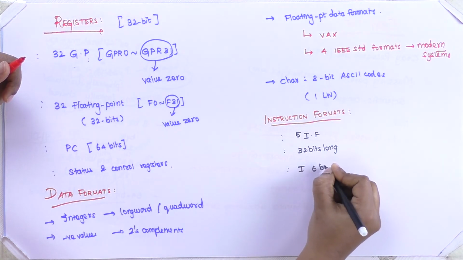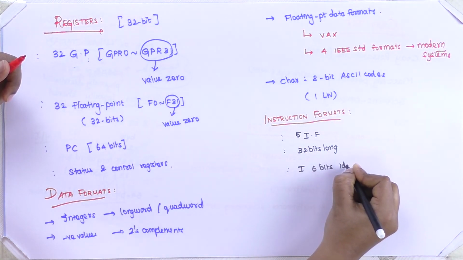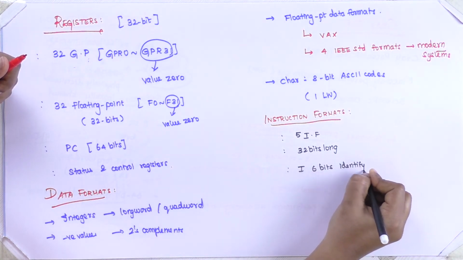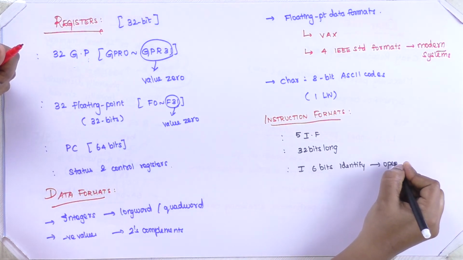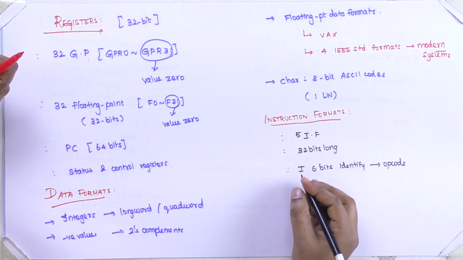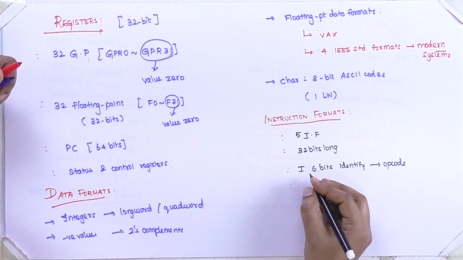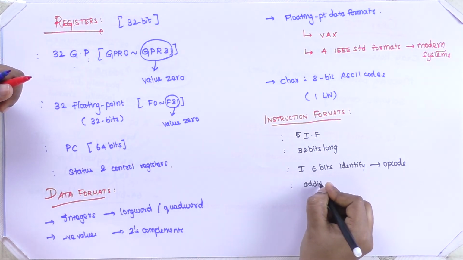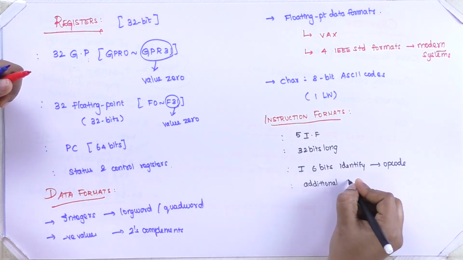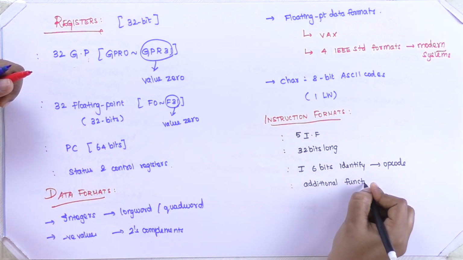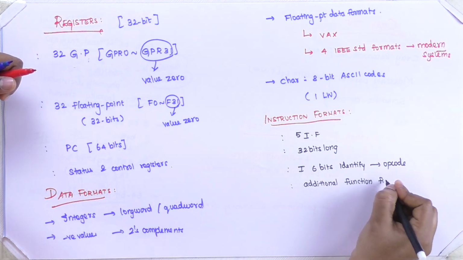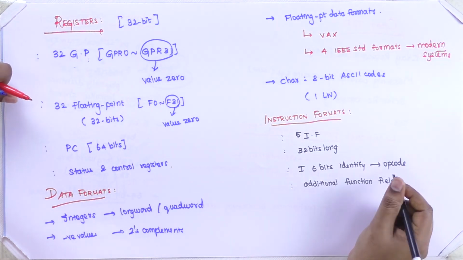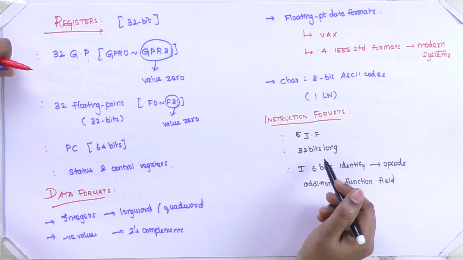The first 6 bits help us identify the opcode. Some instructions will have an additional function field also. Totally there are about 5 instruction formats, and all instructions are 32 bits long.